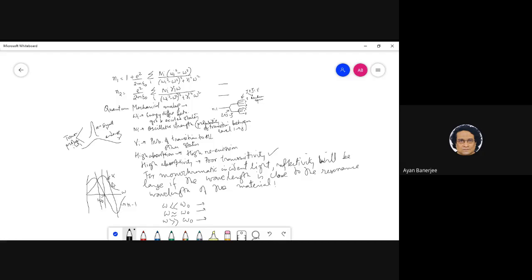This is one regime, this is another regime, and this is another regime. So let me just write down. This is regime 1, this is regime 2, and this is regime 3. So this omega 0 is here, between around this part. So this is your 1, this is your 2, this is your 3.